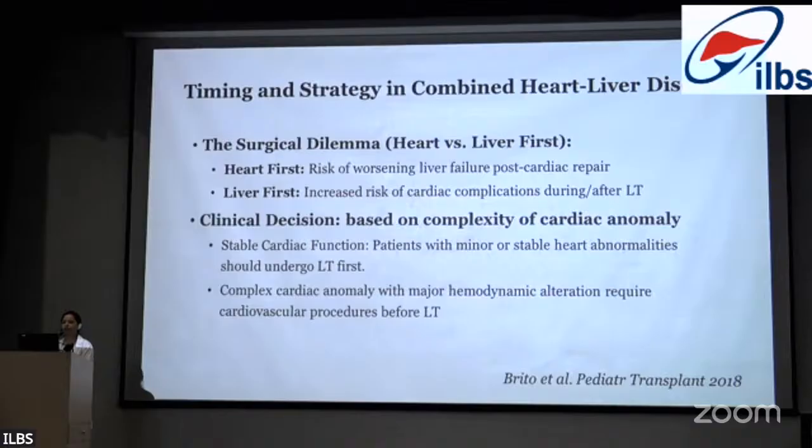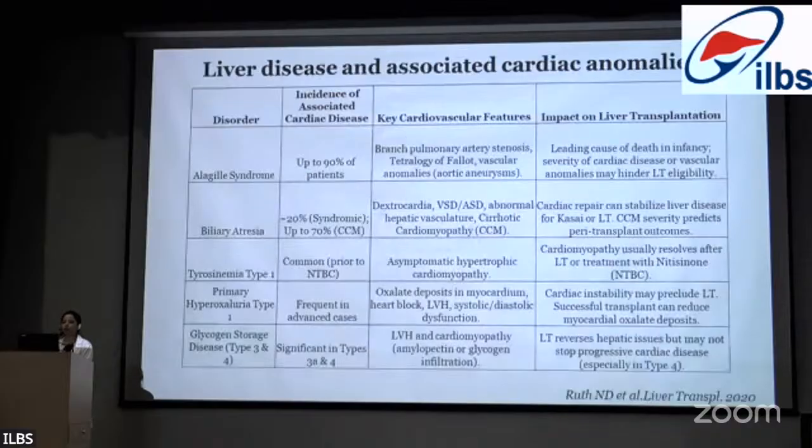There is always a surgical dilemma whether heart or liver first. Heart first means risk of worsening liver failure. Liver first leads to increased cardiac complications. Clinical decision is based on complexity of the cardiac anomaly. A patient with stable cardiac function should undergo LT first, and a patient with complex cardiac anomaly requires a cardiovascular procedure before LT.